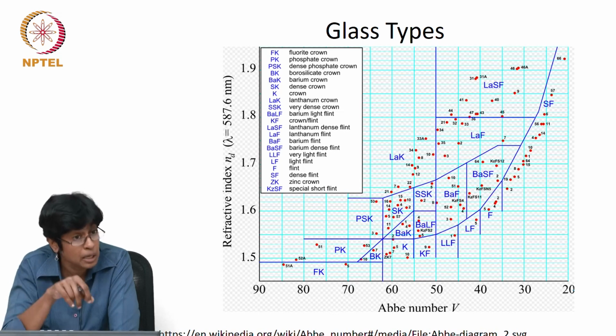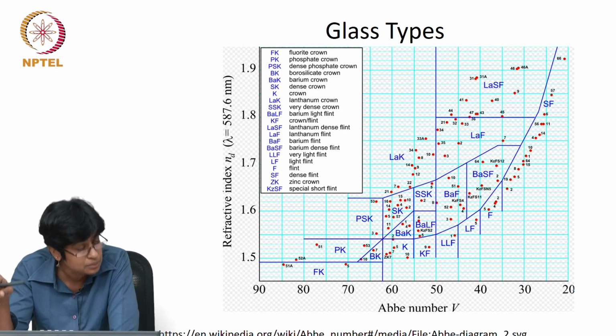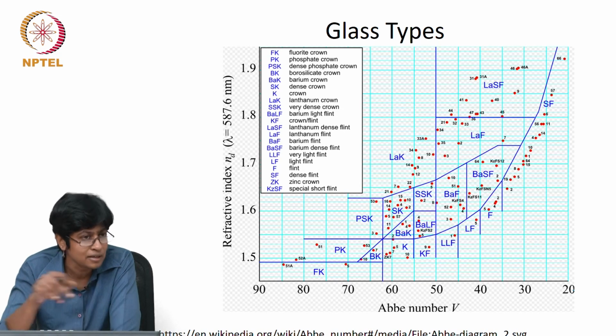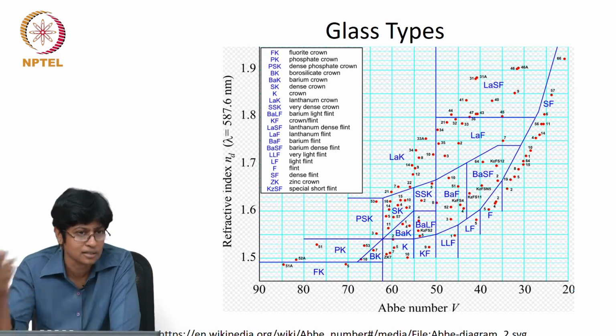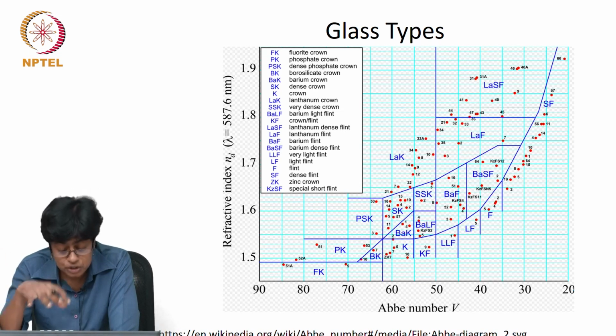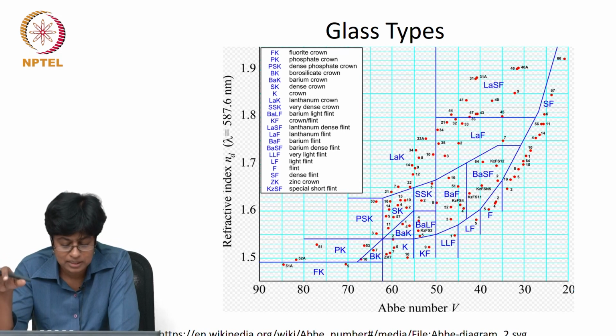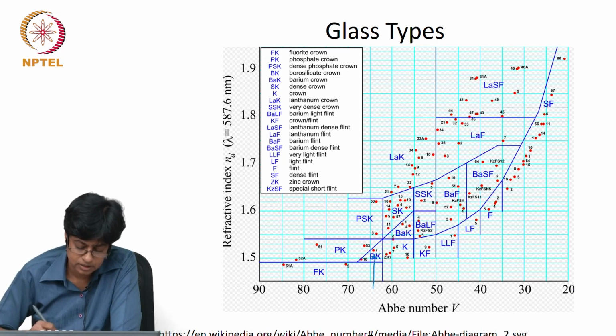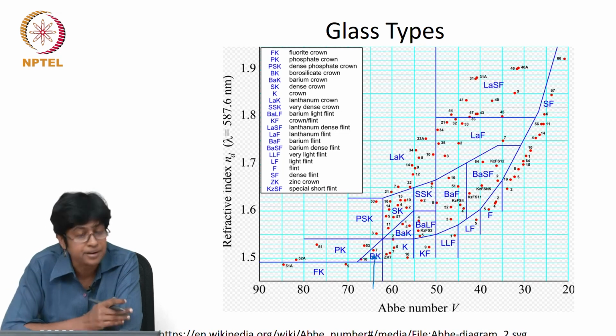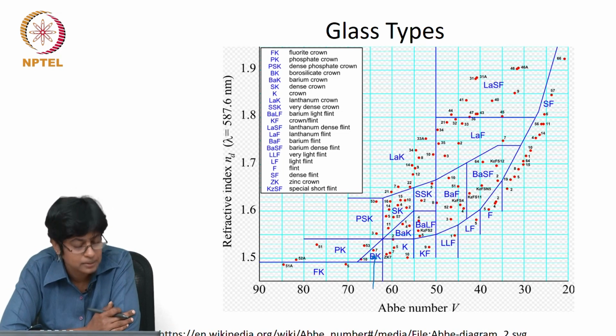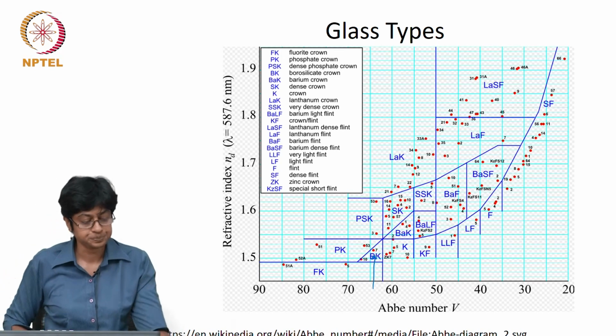And some glasses will absorb in some regions of the visible more than in other regions, and that might also be a reason why you pick one glass type over another. But this just shows you a snapshot of the wide variety of glass types that fit over there, right? And you can see our BK7 is sitting over here, Abbe number greater than 60.